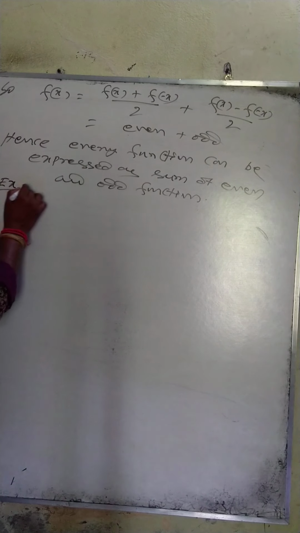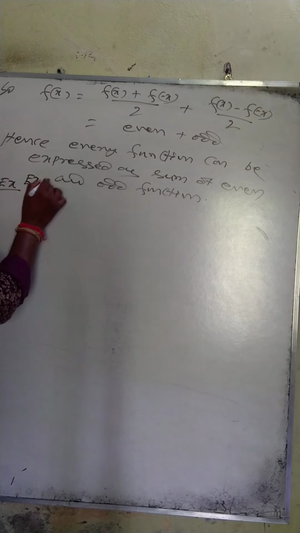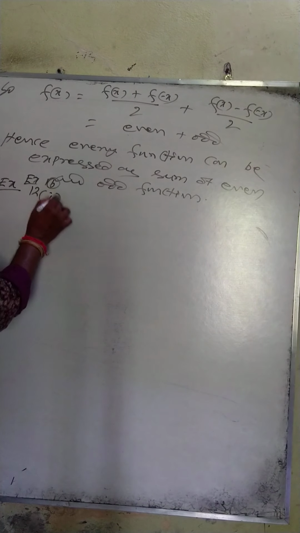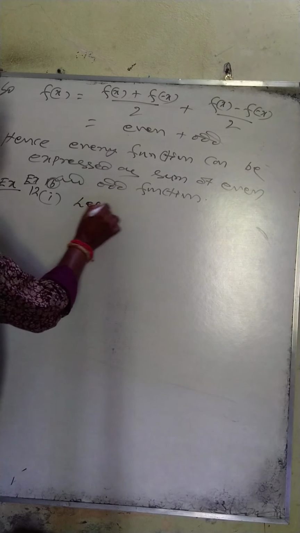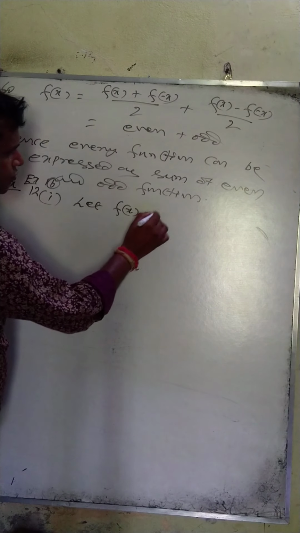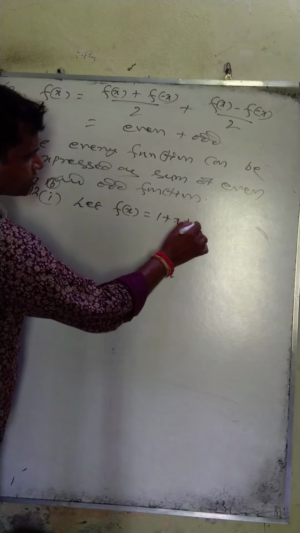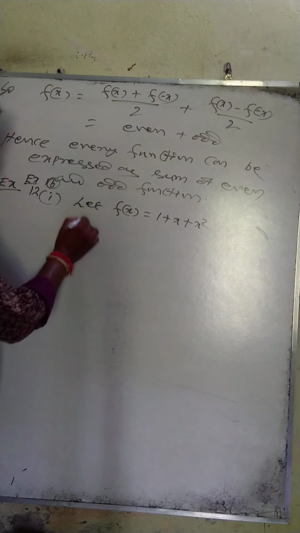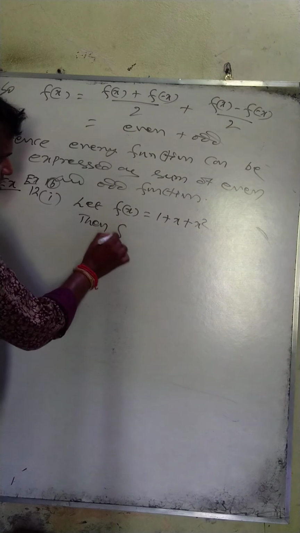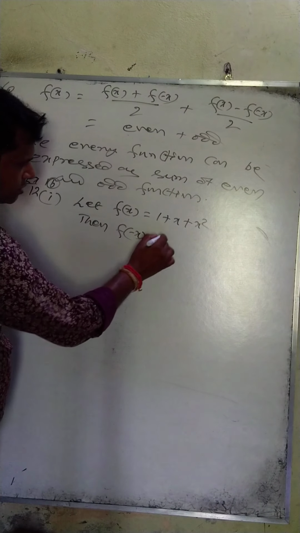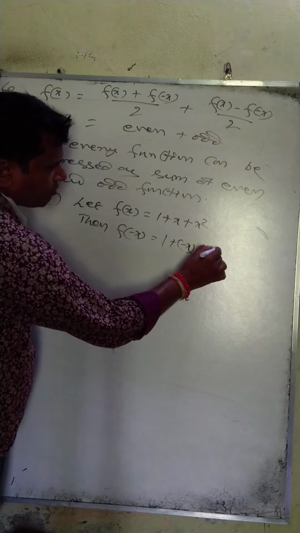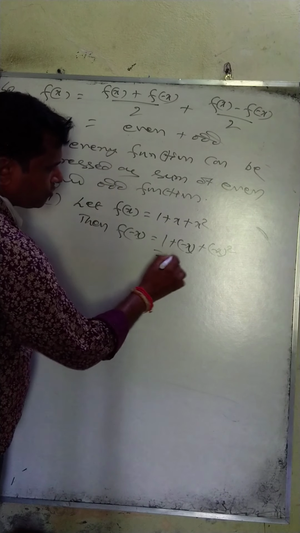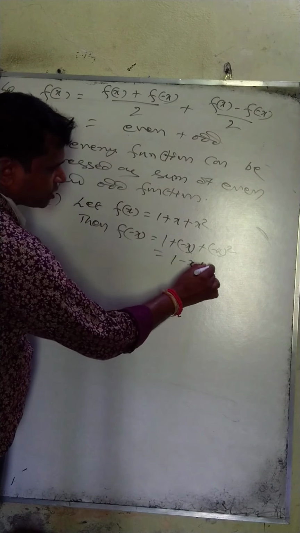Example 12, exercise 1B. Let f of x is equal to 1 plus x square, then f of minus x is equal to 1 plus of minus x square, 1 minus x plus x square.